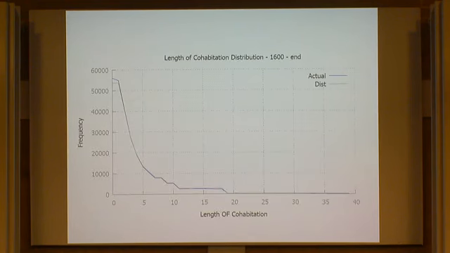For example, on this graph, the purple line is what actually happened in the population, and the green line is what we wanted to happen. In this case, we managed to meet very well the set of events that we wanted to happen. Just to note, this is cohabitation and the numbers and lengths of cohabitations that occur.